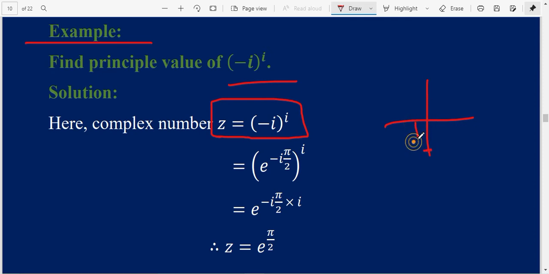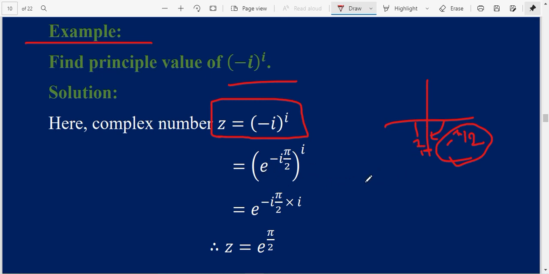This is 1, and the angle with the x-axis is minus pi by 2. So theta is equal to minus pi by 2, and r is equal to 1.